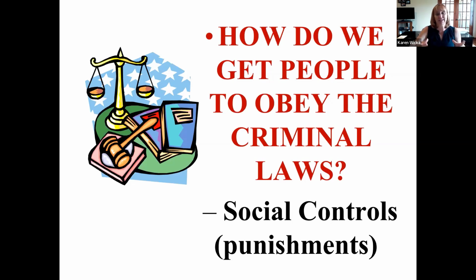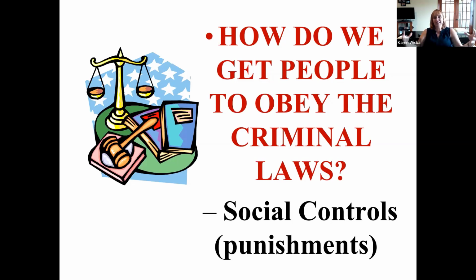If you don't brush your teeth or take a shower, your friends aren't going to want to be around you. That's a social control. Peer pressure is a social control to get you to behave in a certain way. Your parents may exert social control over you. You get grounded if you don't follow their rules. Teachers exert social control over you. If you don't do your homework, you don't pass.